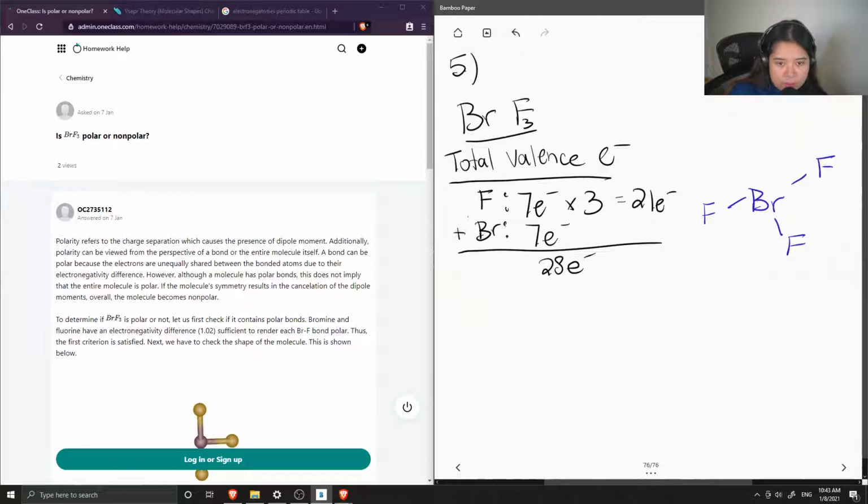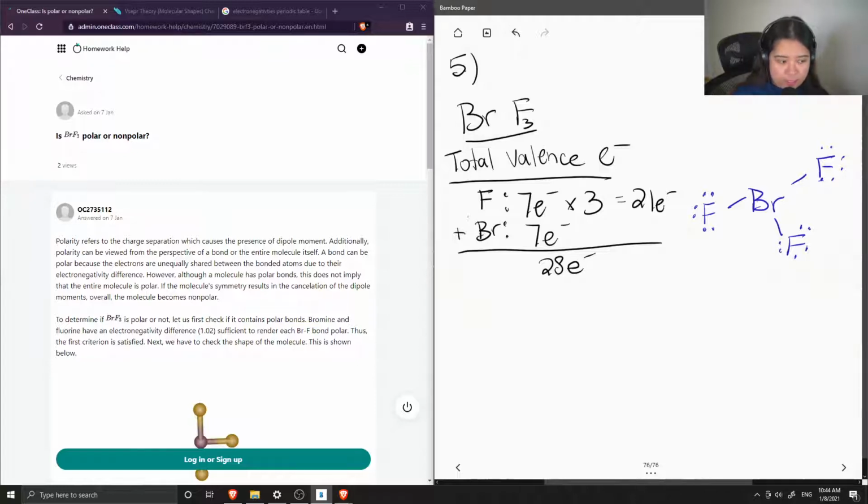And now let's draw out all of the lone pairs on the fluorines and count to see how many electrons I've drawn so far. So each bond contains 2 electrons, and there are 3 bonds, and then each fluorine contains 6 electrons as lone pairs. So far I've only drawn 24 electrons, and I need 28.